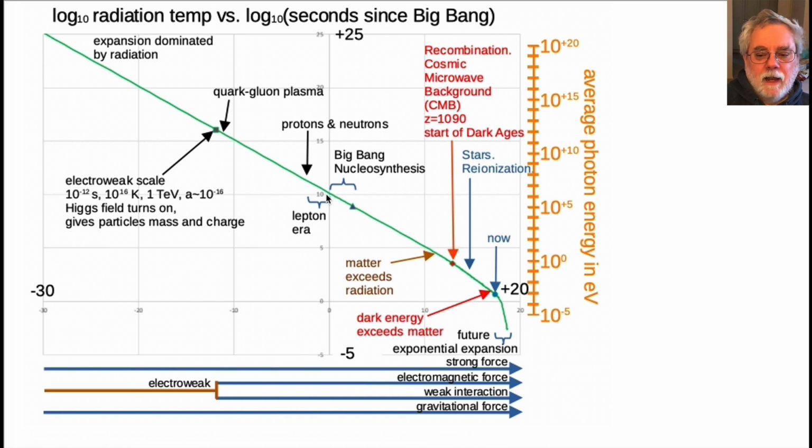It is not that average photon energy fell below the rest mass of the neutrinos. It did not. But neutrino-antineutrino pairs could no longer annihilate because their relativistic energy soon fell below the electron rest mass.